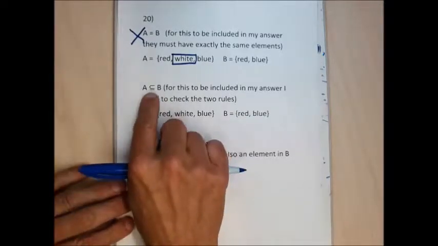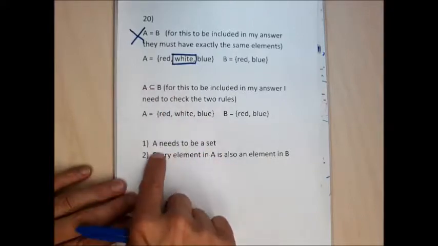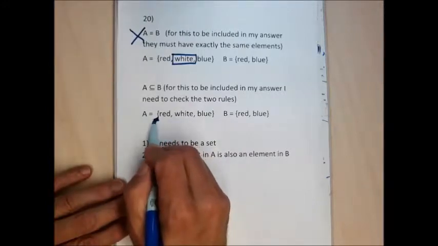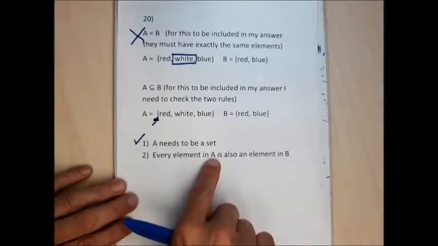The next item I was asked to check is if A is a subset of B. And for A to be a subset of B, I have to do two tests. The first test is A has to be a set. Because A is in set braces, it's a set. The second test I need to do is where it's going to mess up.